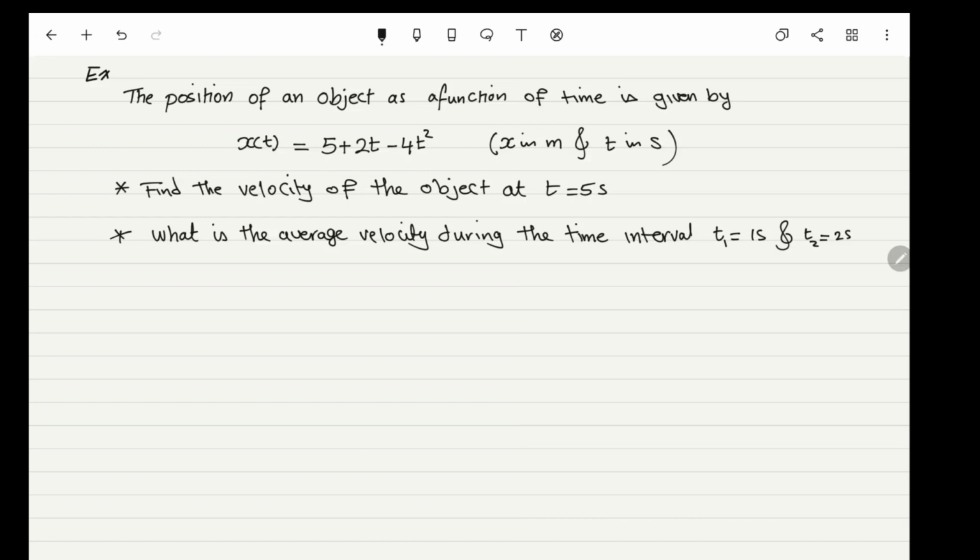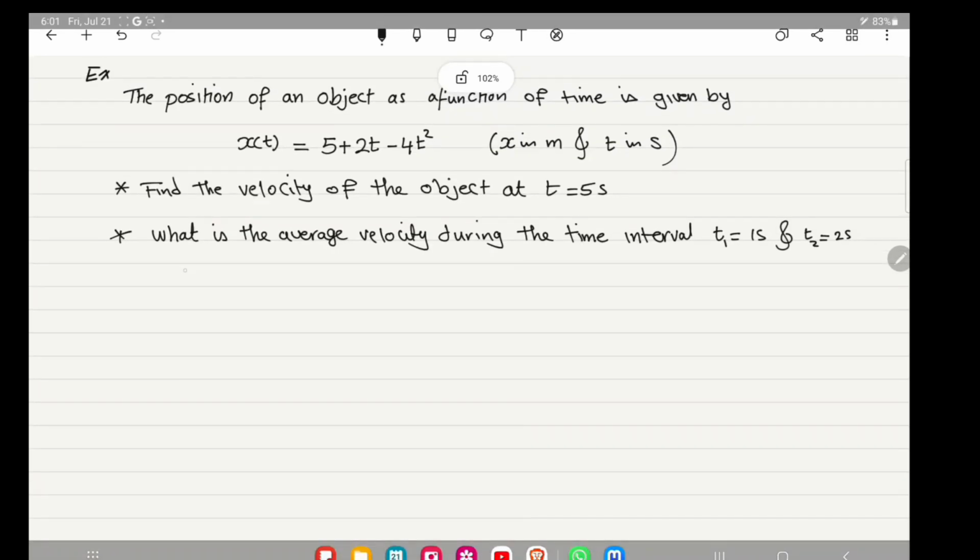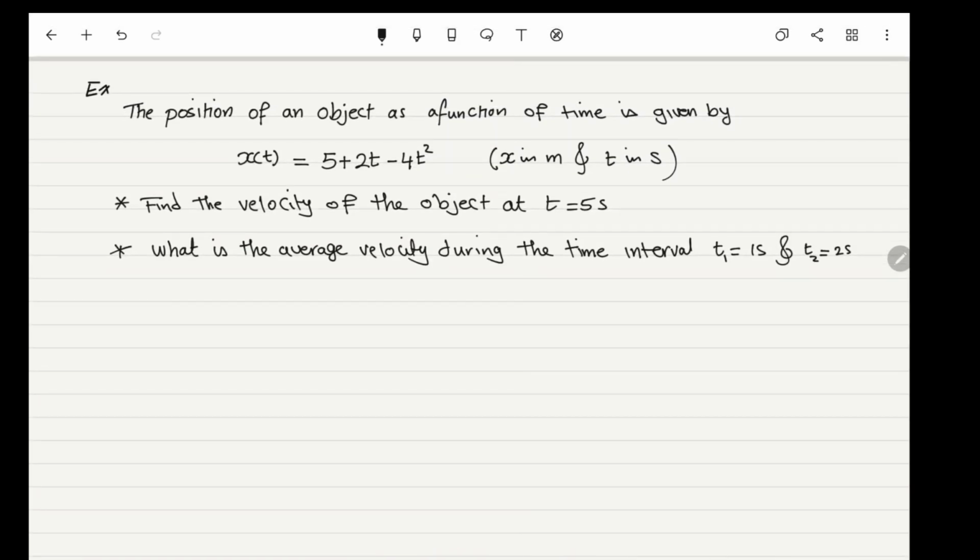Now, to find the instantaneous velocity, we need to find the derivative, v equals dx by dt. Here x equals 5 plus 2t minus 4t squared.